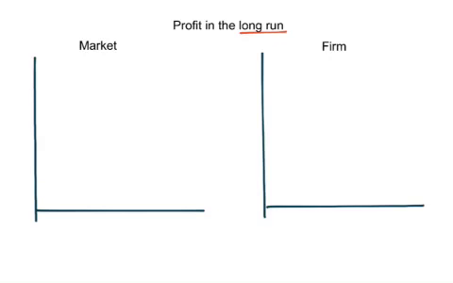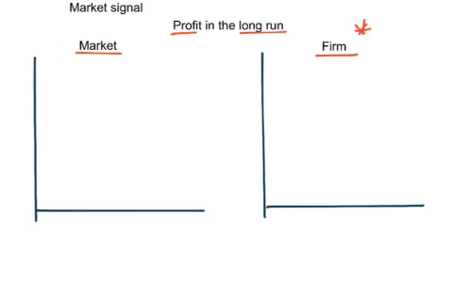So if we have a situation where a firm is experiencing a profit, something's happening here at the point of the firm, that is going to have an impact on the market. So what happens is that if you have a firm that is experiencing a profit, this is a powerful signal to the market.